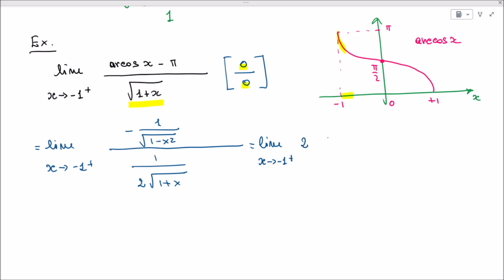We can rewrite this as square root of 1 plus x divided by, now we can rewrite the square root of 1 minus x squared as the product of 1 plus x times 1 minus x, right?